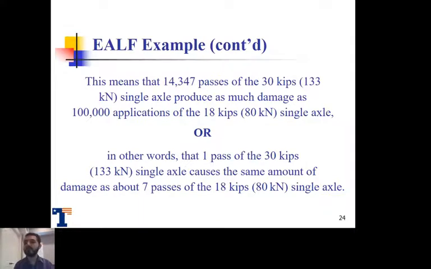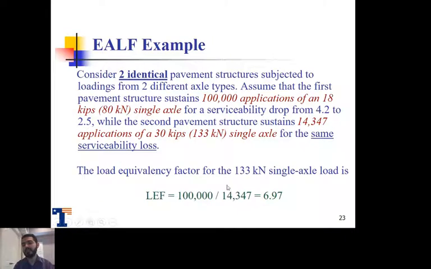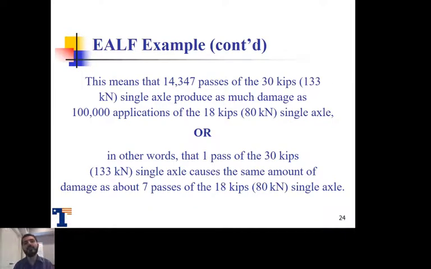Or from a different perspective, one pass of the 30 kip single axle causes damage equivalent to about 7 passes of the 18 kips. Where did I get the 7? It's this number here, 6.97, so roughly 7. That means every one pass of the 30 kip axle has the same damage as 7 passes of the 18 kip single axle load.